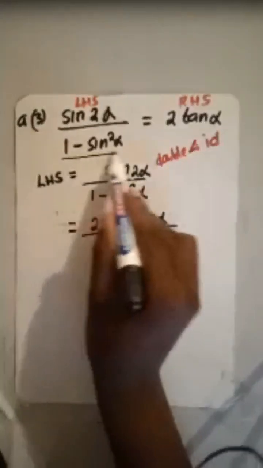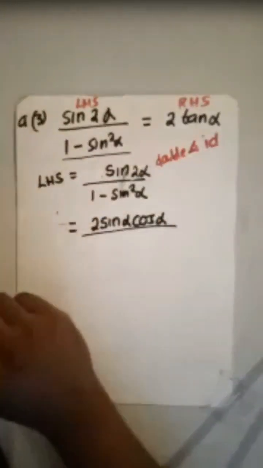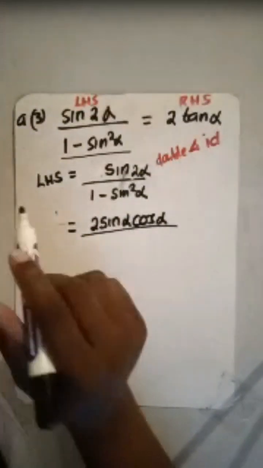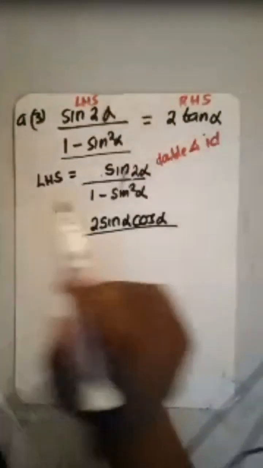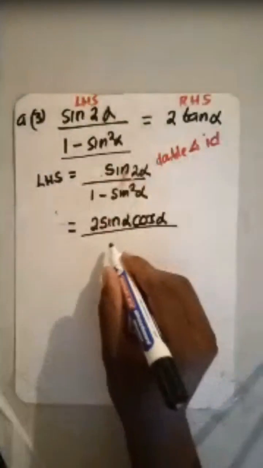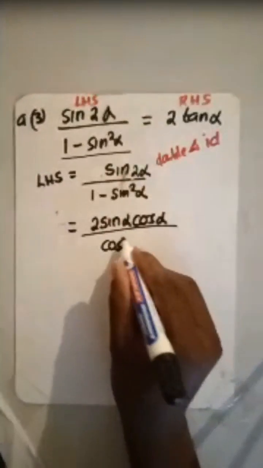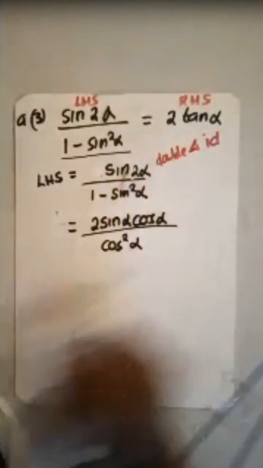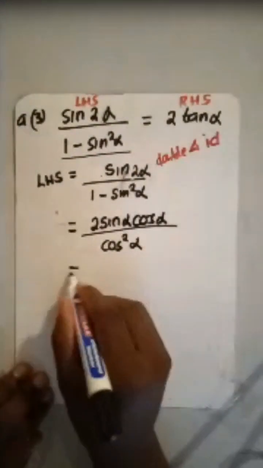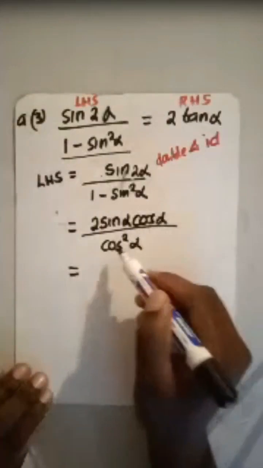Checking here, 1 minus sine squared alpha is the same as cos squared alpha. So we have cos alpha, and we have cos squared alpha.